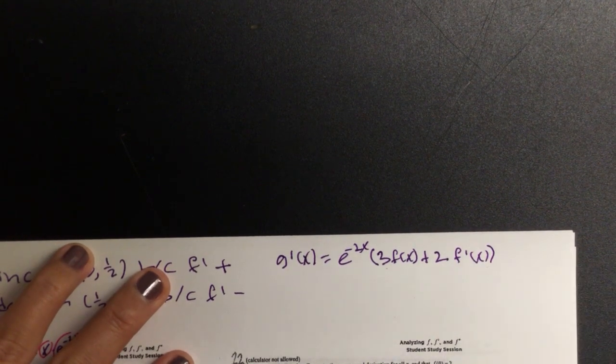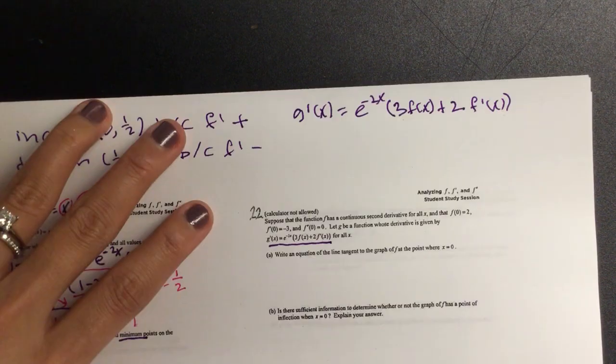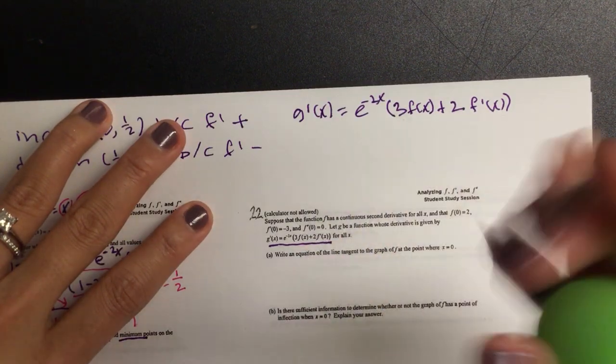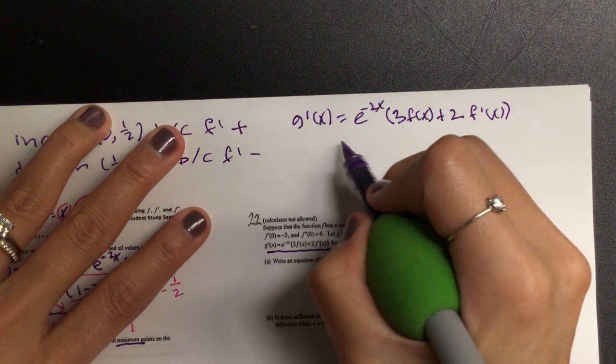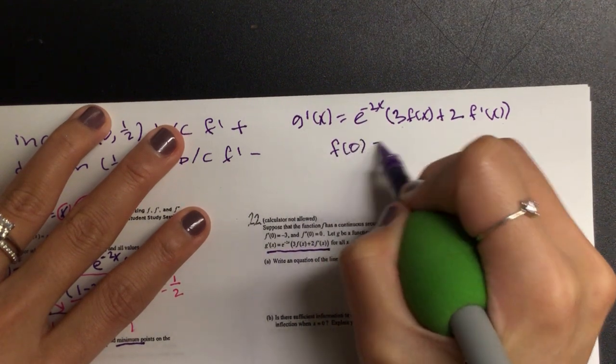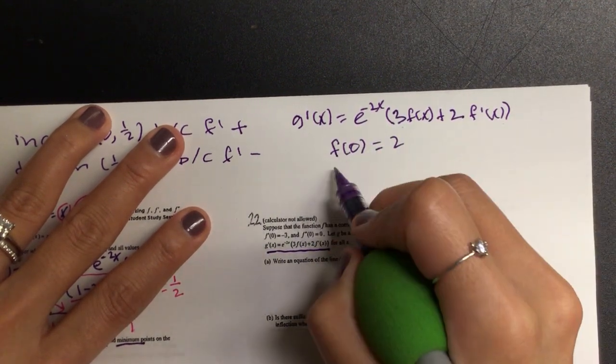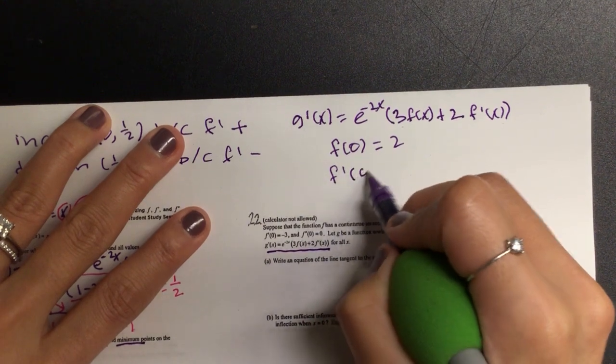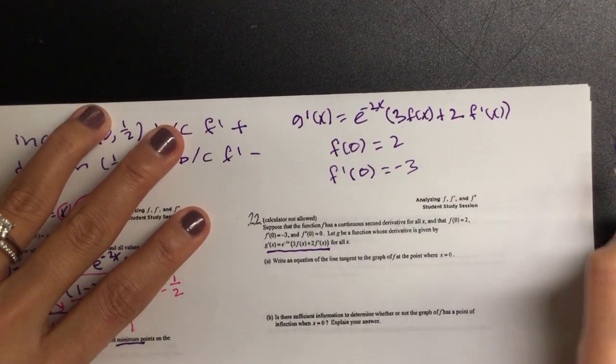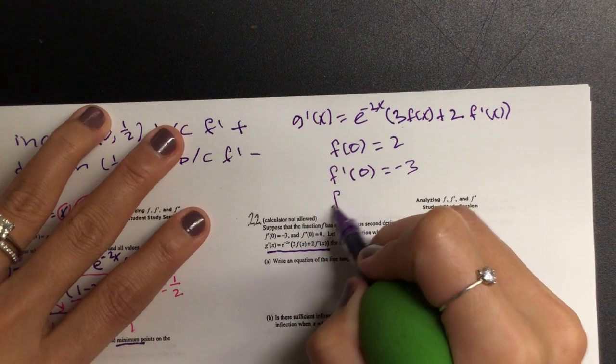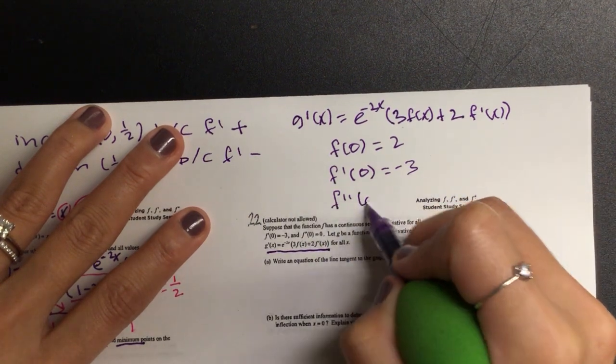Is that what you guys see as well? That's given right here. And then they also gave us 3 different points. f of 0 is 2, f prime of 0 is negative 3, and f double prime of 0 is 0.